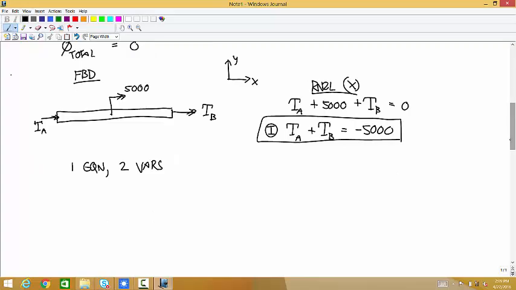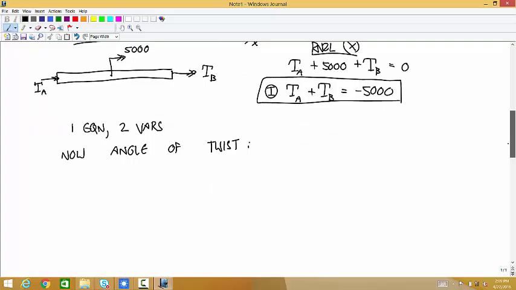Okay, so now the angle of twist. To do that, we have to cut this because the internal torque is going to be different on the first half than it is on the second half. Half a meter. So cut 1 is valid for the first half of that member, so 0 to 0.25.